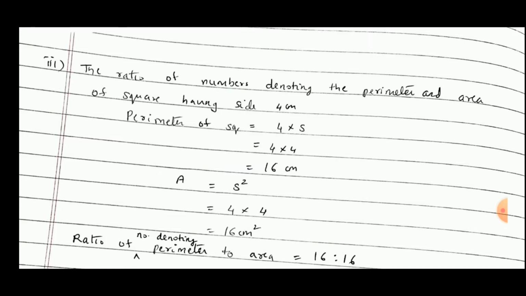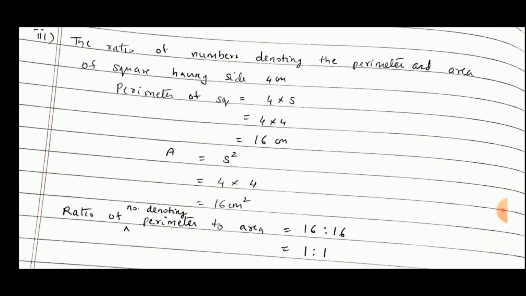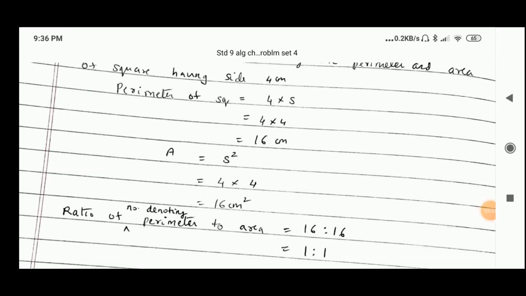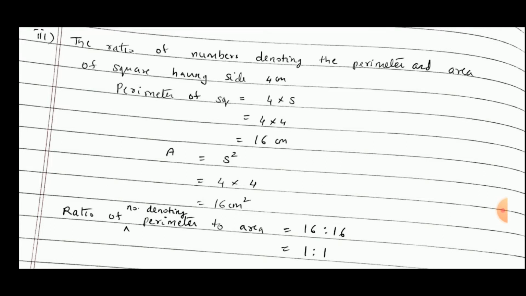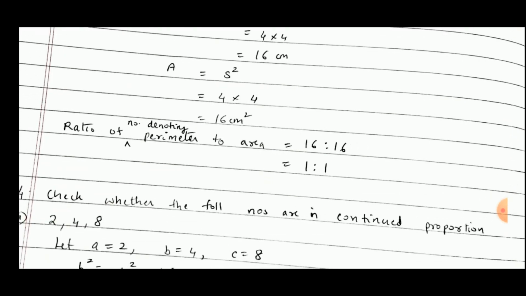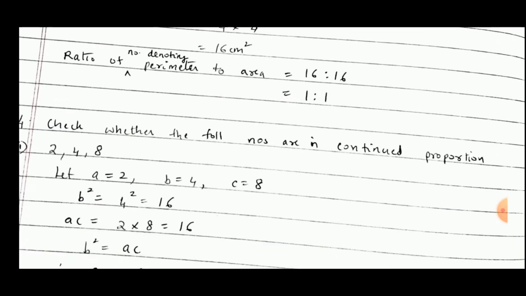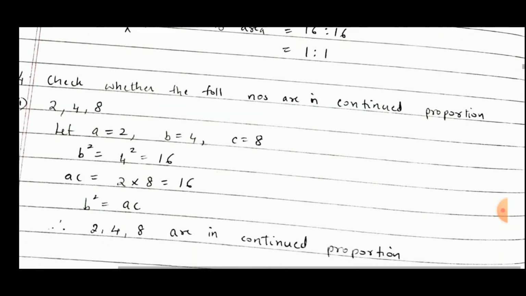Perimeter of the square is equal to 4 into 4 equal to 16 centimeter, and area of the square is equal to s square, that is 4 into 4 equal to 16 centimeter square. So the ratio of the number denoting perimeter to area is 16 upon 16 equal to 1. Check whether the following numbers are in continued proportion 2, 4, 8.